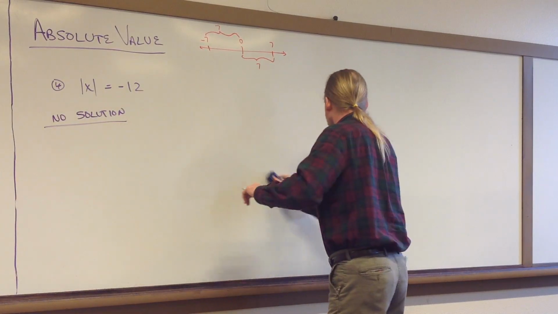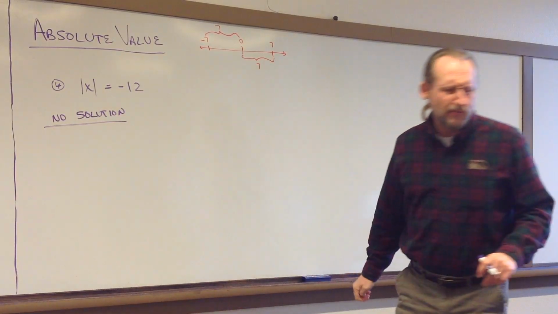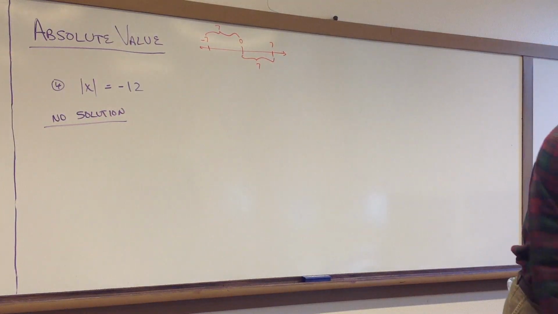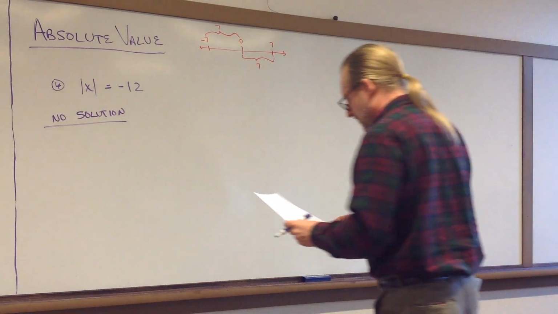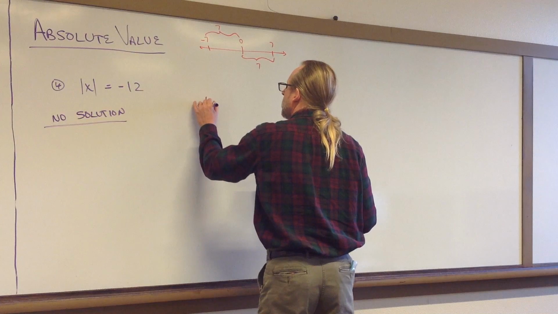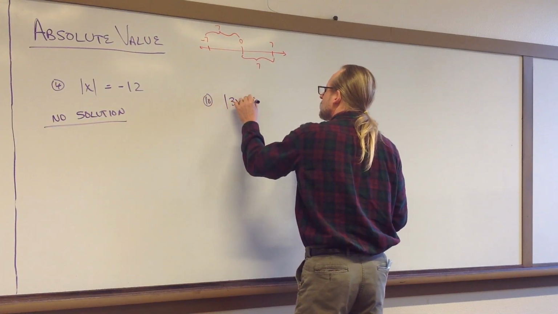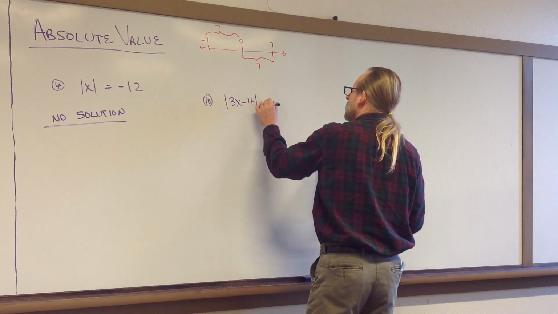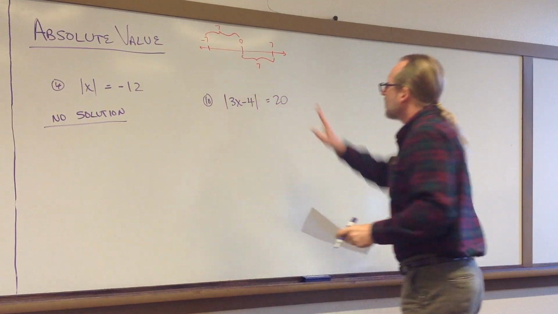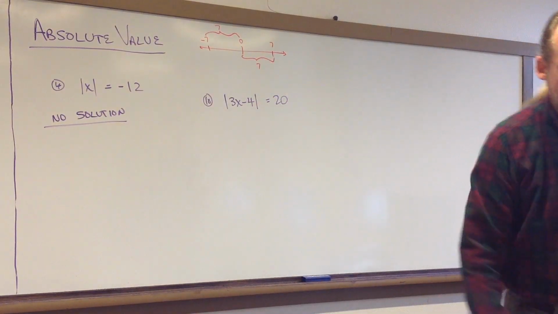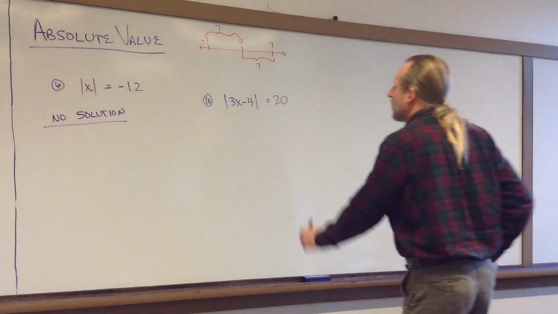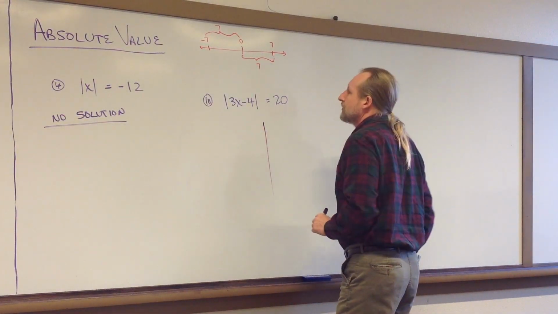All right, let's keep working. Let's see what else we have here. Let's do problem 10, and then we'll go back and do the one with the fraction. Problem 10, the absolute value of 3x minus 4 equals 20. Okay, so the absolute value is by itself, so we're all ready to start. We want to split this in two pieces.